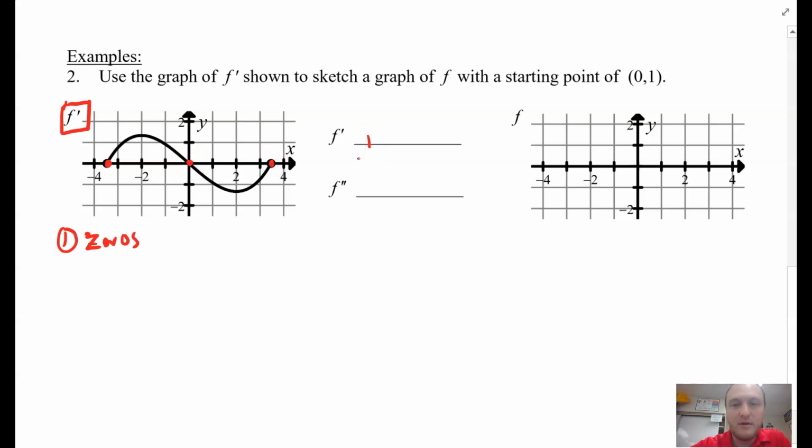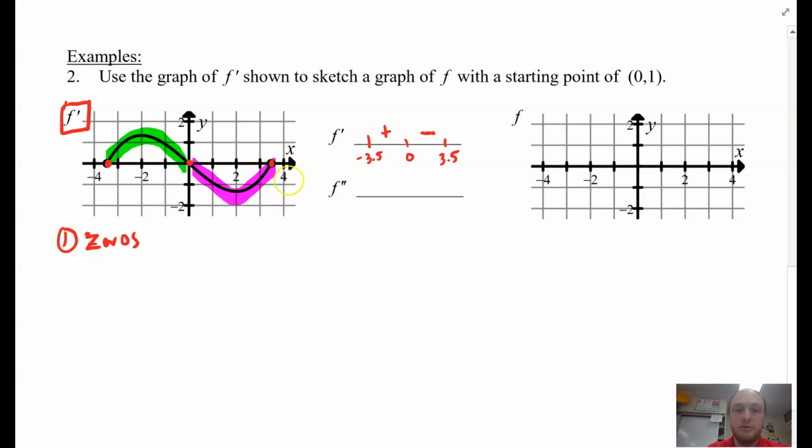So on my f prime number line, we have -3.5, 0, and 3.5. In between these intervals, note that my f prime is positive, so my graph is above the x-axis for these values. Now it becomes negative on the interval 0 to 3.5, so I write negative right here. That's just position. All we did was analyze position for that graph.